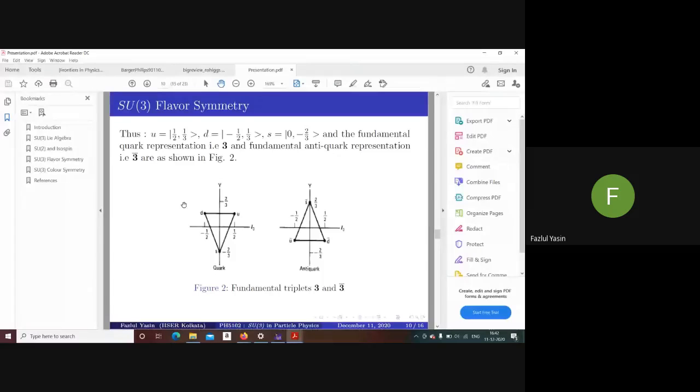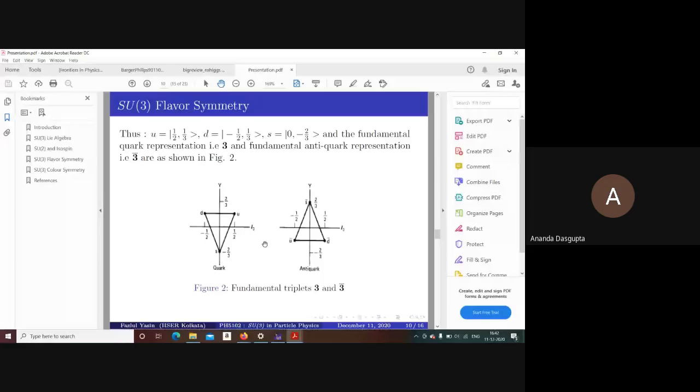There'll be a larger triangle here and a smaller triangle here. The smaller triangle corresponds to the 3 bar, and the larger upside down triangle which looks like this corresponds to the 6.